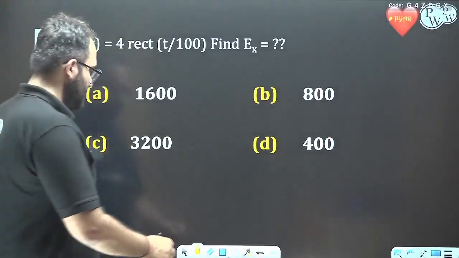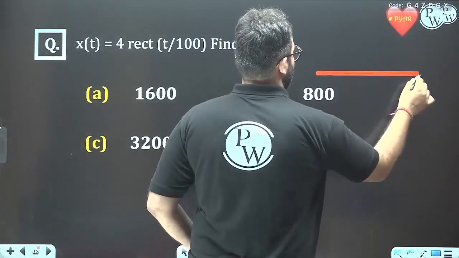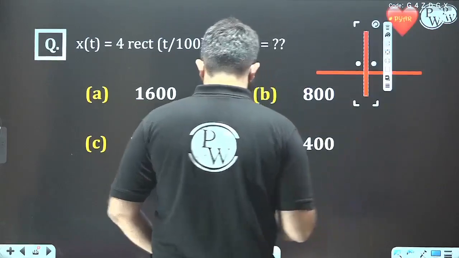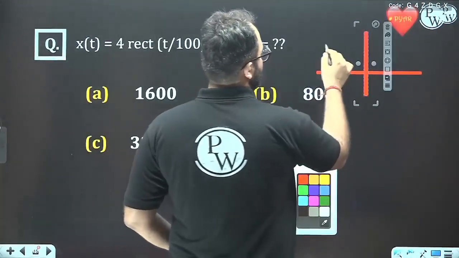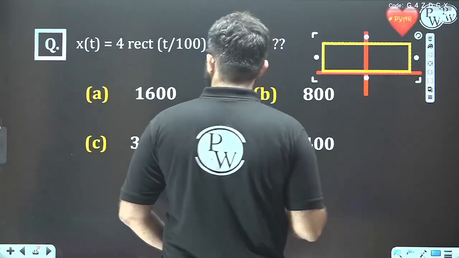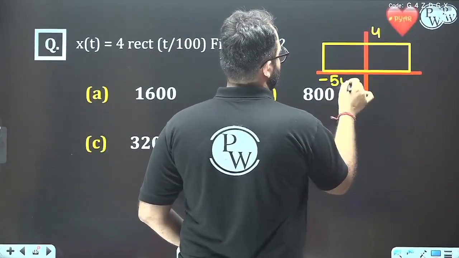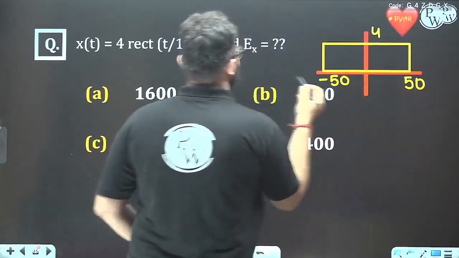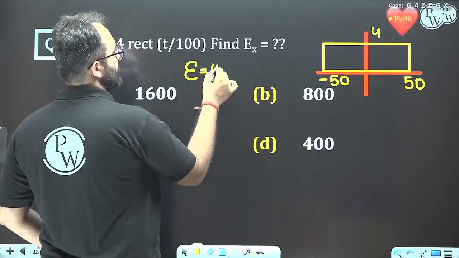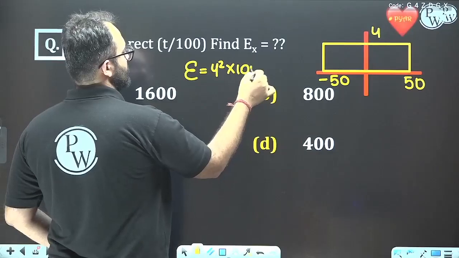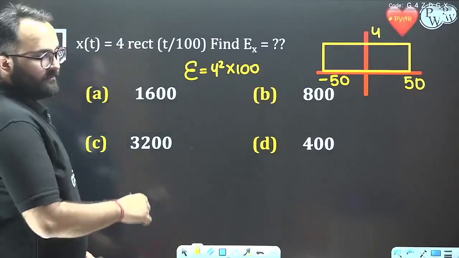Next, this signal. This is a signal which will have a width of minus 50 to 50. Height is 4. So the energy will be height square multiplied by width, that is 1600.